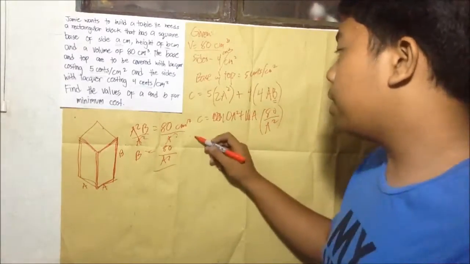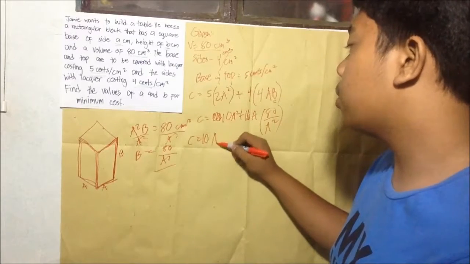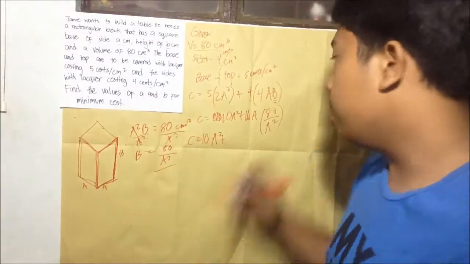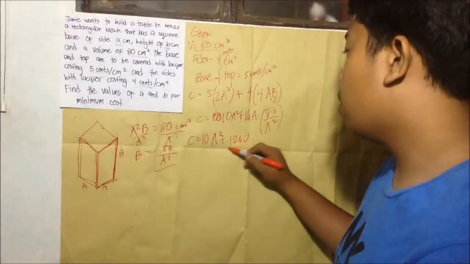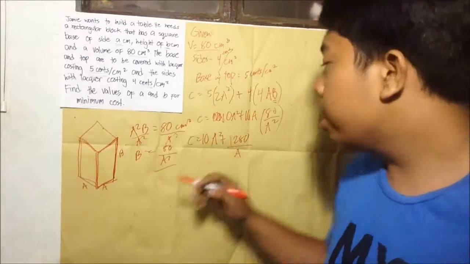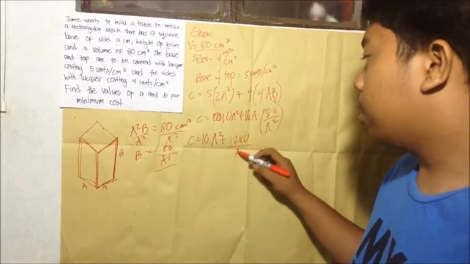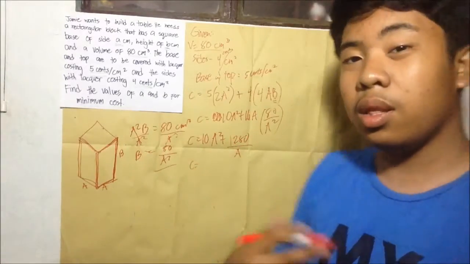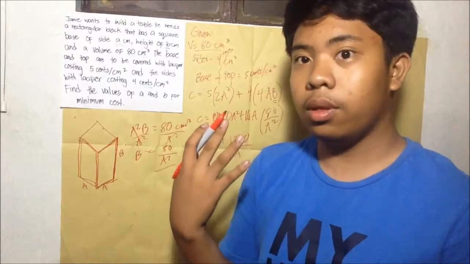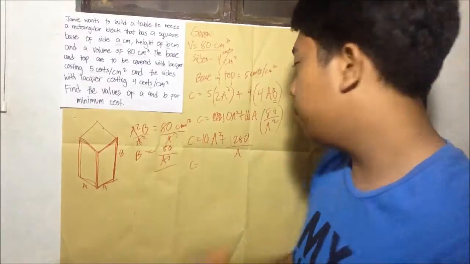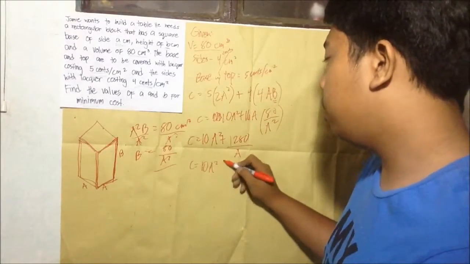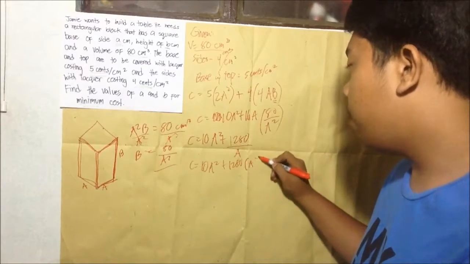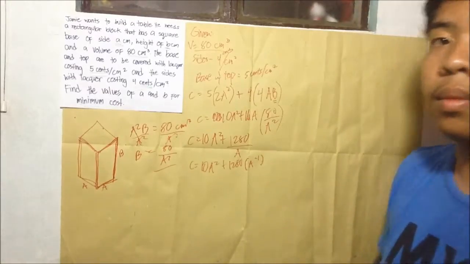Simplifying this gives us 10A squared plus 16 times 80, which is 1280, over A. Now we can reform this so that we can differentiate it a lot easier: 10A squared plus 1280 times A raised to negative 1.